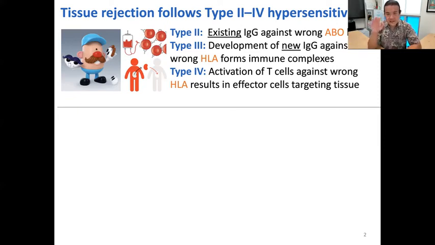We said that type 4, moving down to type 4 here, involves activation of T cells against the wrong HLA type. Remember last time we discussed that your HLA polymorphisms that you inherited from mom and dad give your MHC platforms on the surfaces of your cells slightly different variations in shape.